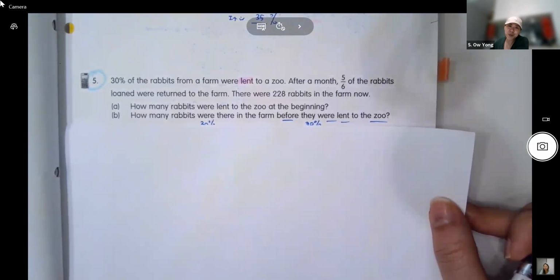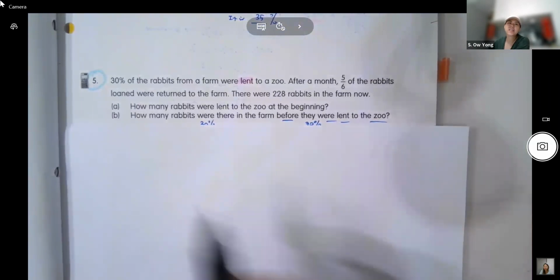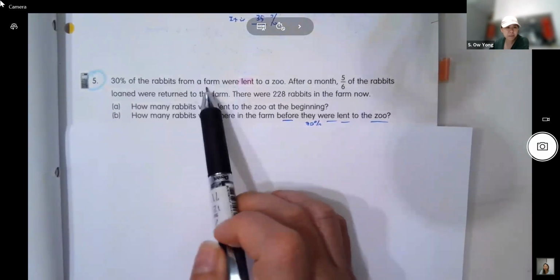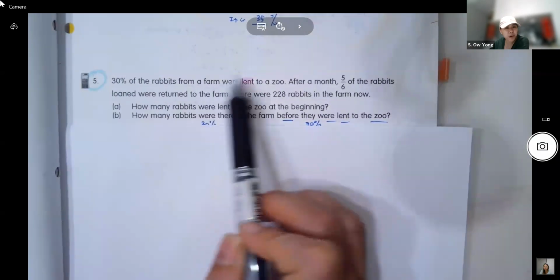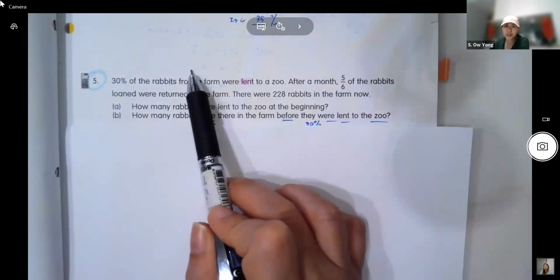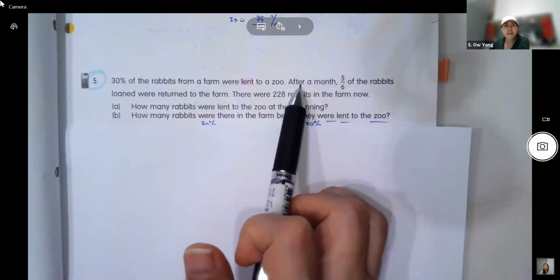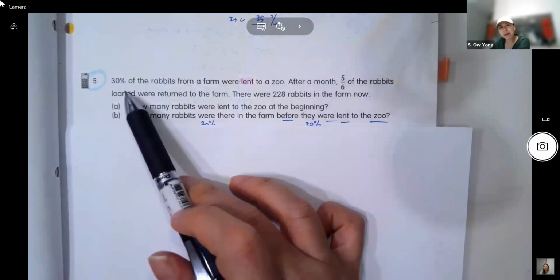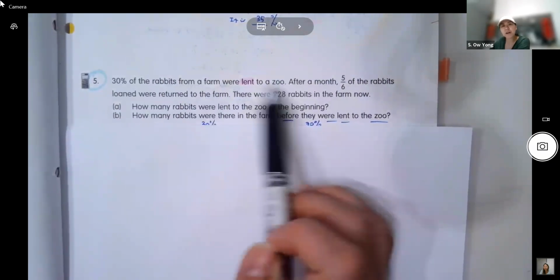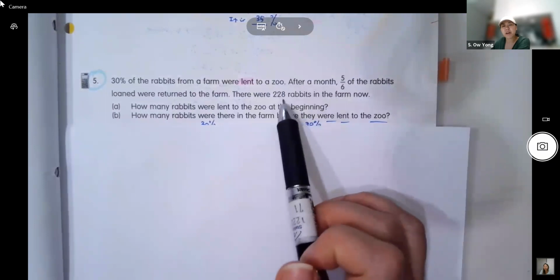There were 228 rabbits in the farm now. How many rabbits were lent to the zoo in the beginning? So you see, there's a farm. 30% of the rabbits from the farm were lent to the zoo. A month later, 5 out of 6 of the 30% returned back to the farm. So now the farm has 228 rabbits.